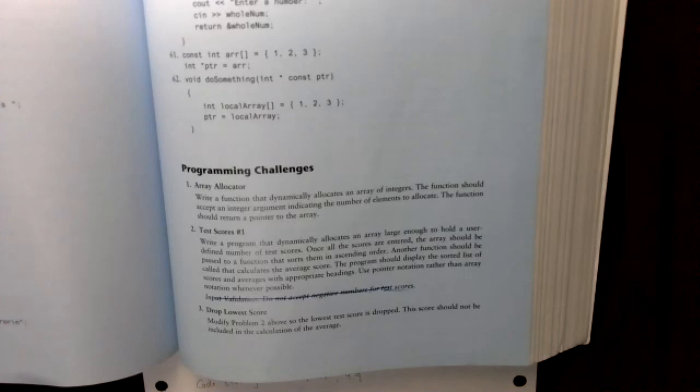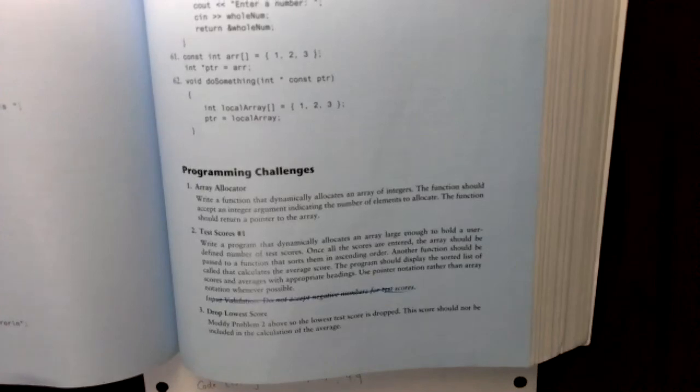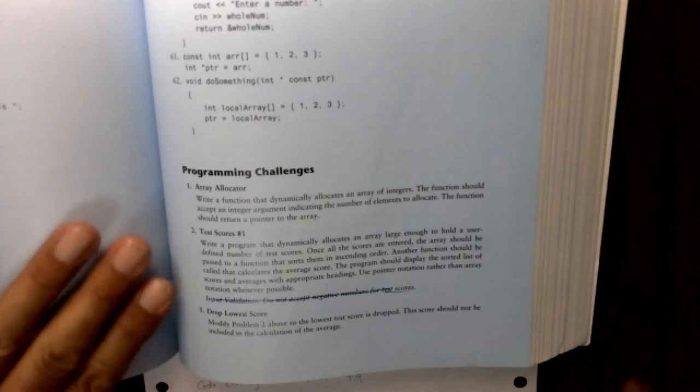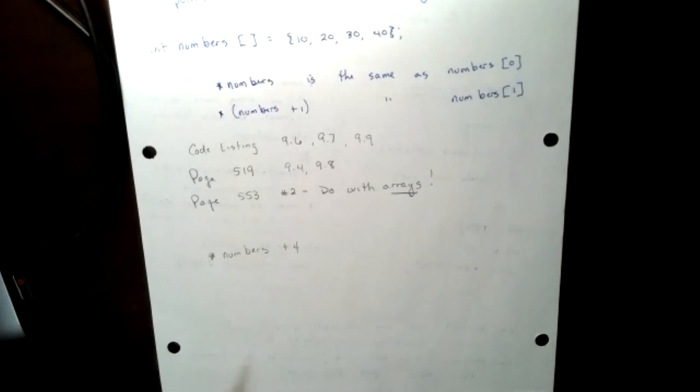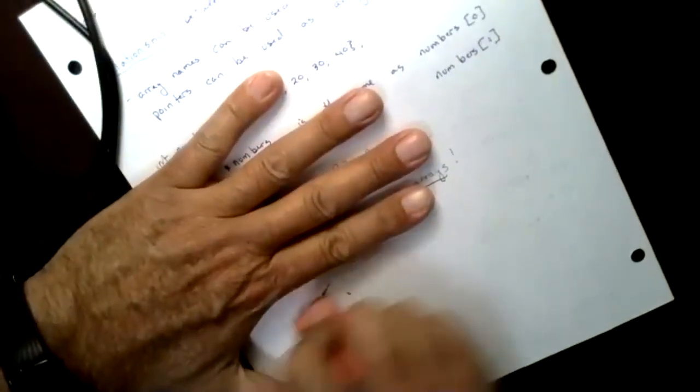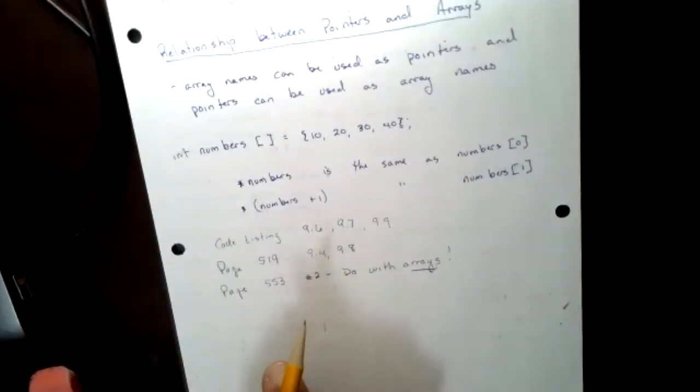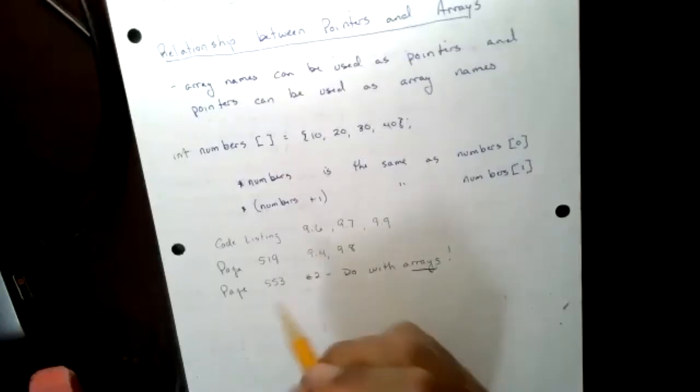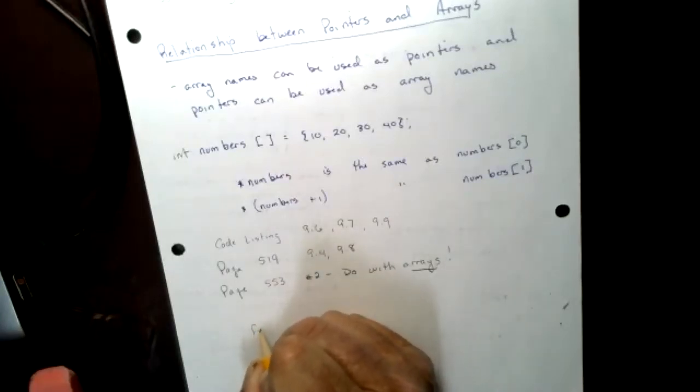So I'm thinking in my head that I need a pencil. I need functions. How many functions do I need? I need three. Once all the scores are entered, I need to fill the array.